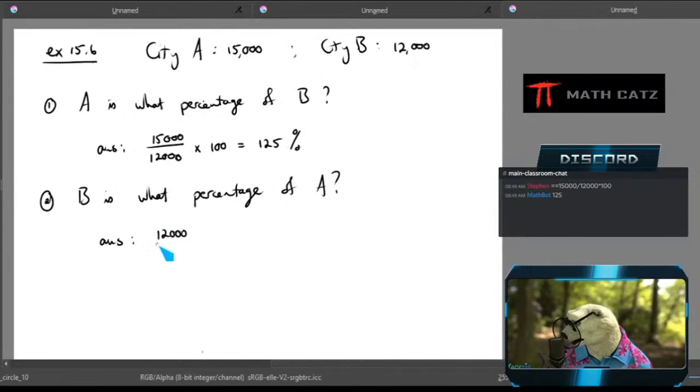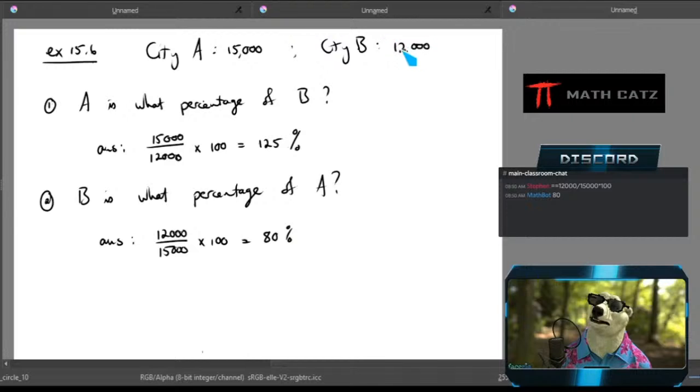So it's 12,000 compared to 15,000. Get the percentage value, see what we get. 12,000 divided by 15,000, make it a percentage. Ooh, random line. 80%.